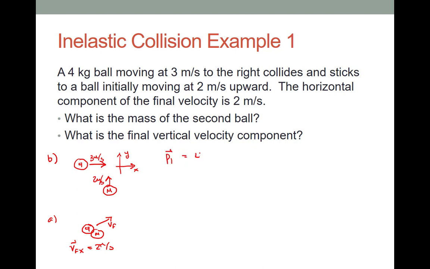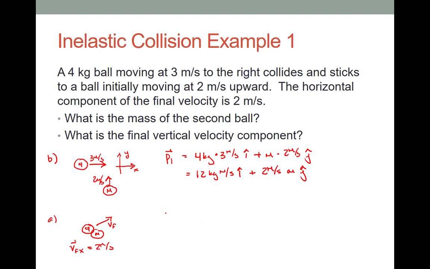It will be the 4 kilogram object moving at 3 meters per second in the i-hat direction, plus the object of unknown mass moving at 2 meters per second in the positive j direction. I can simplify just a little bit here to have my initial momentum.